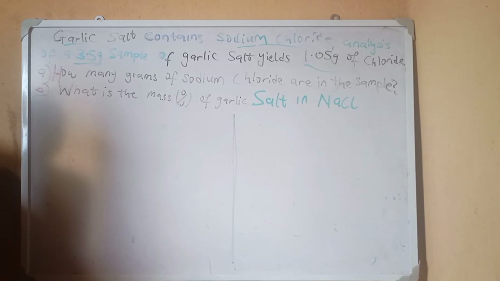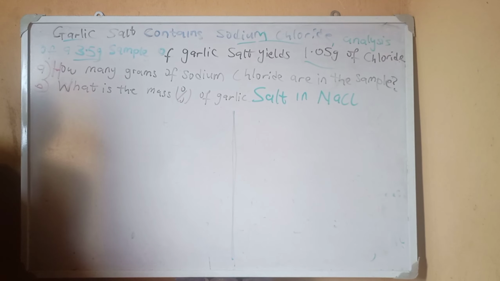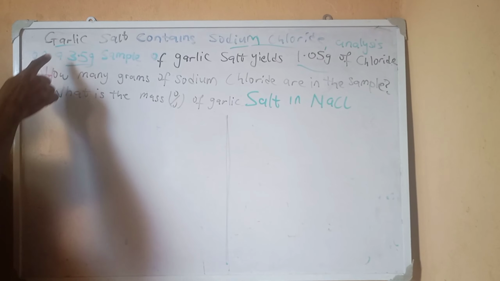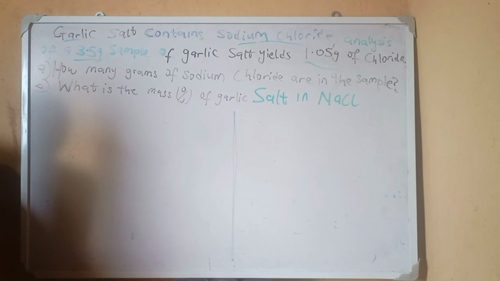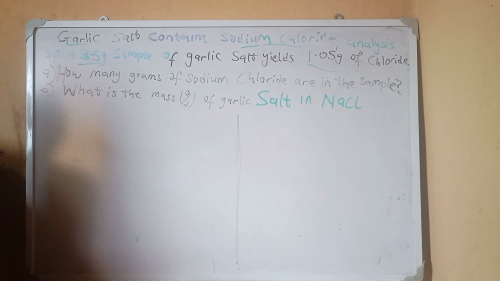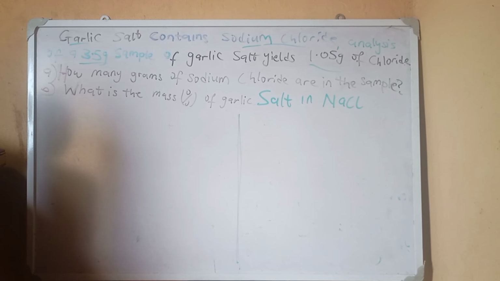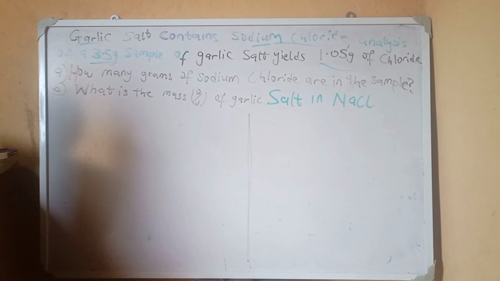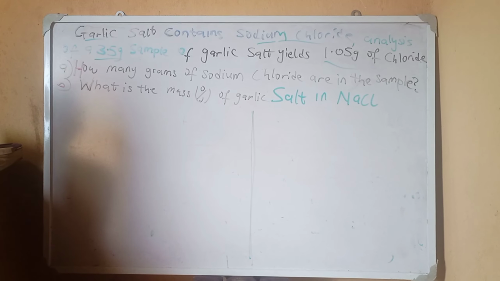We need to understand what the question is asking us to find. First, we know we have a garlic salt, and this garlic salt is a substance that contains a compound, another substance called sodium chloride, as a constituent. The amount of garlic salt given to us is a 3.5 gram sample.